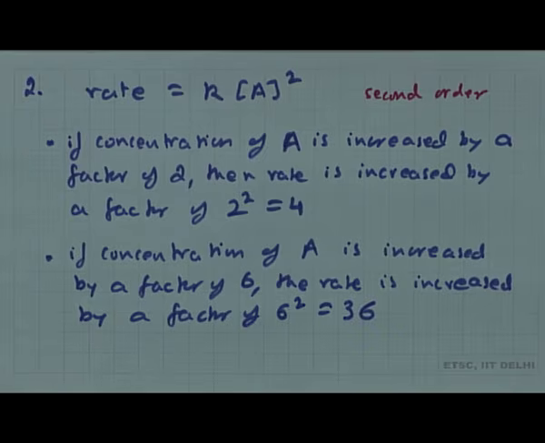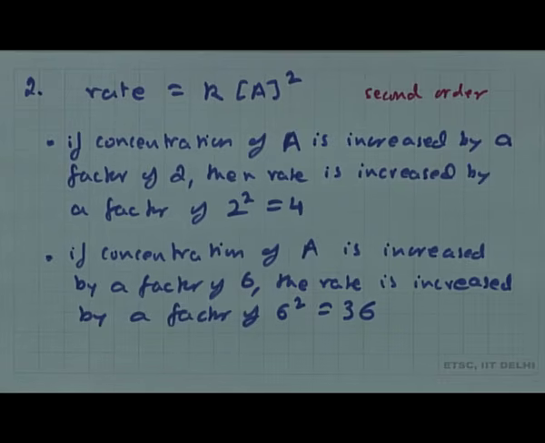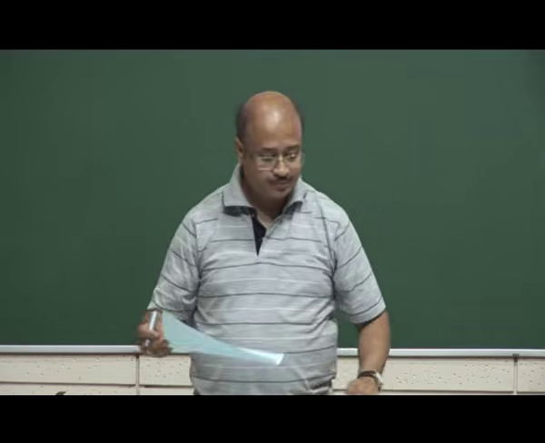Again you see the difference. If this was a first order reaction, the rate would be increased by a factor of 6 to the power 1, which is 6. This being a second order reaction, the rate is now increased by 6 to the power of the order, which is 2, that is 36.